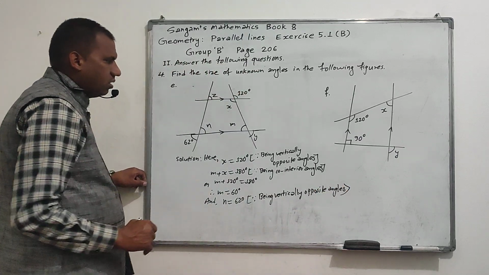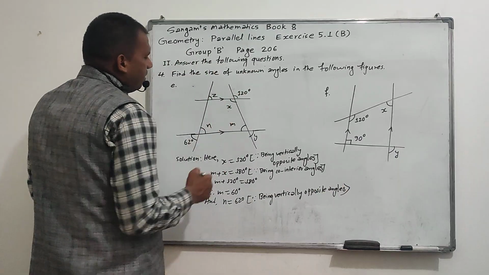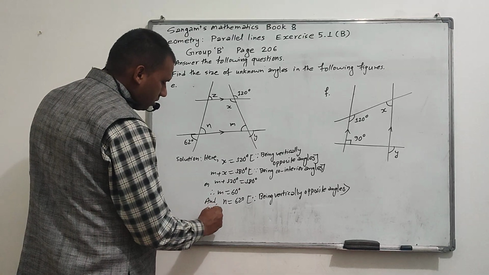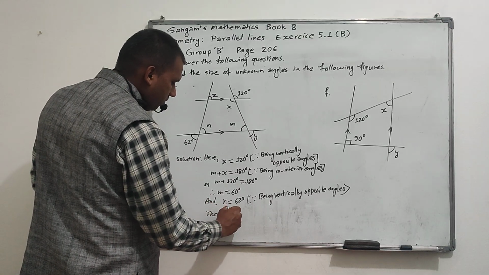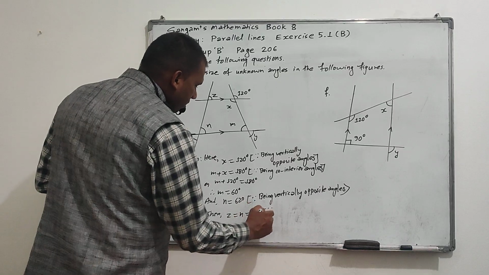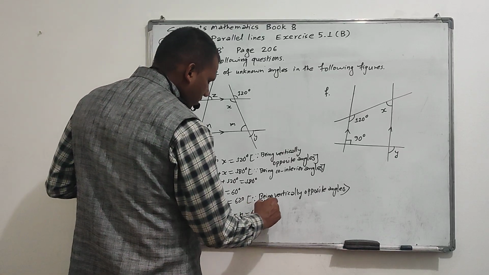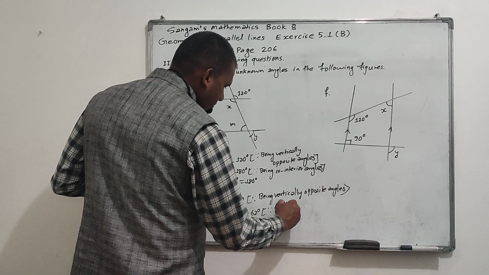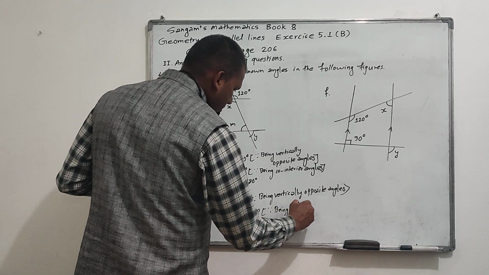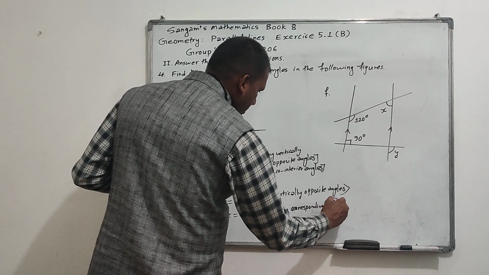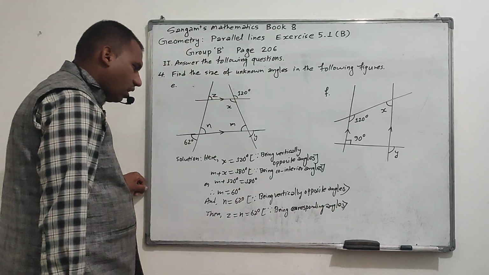Then N and z are corresponding angles, so we can write z equal to N equal to 60 degree, being corresponding angles. And again we have to find y.